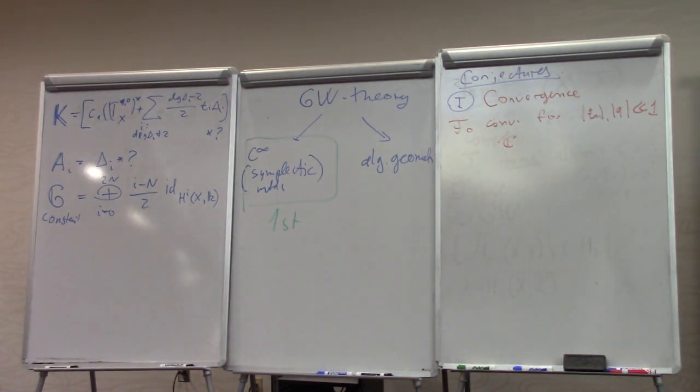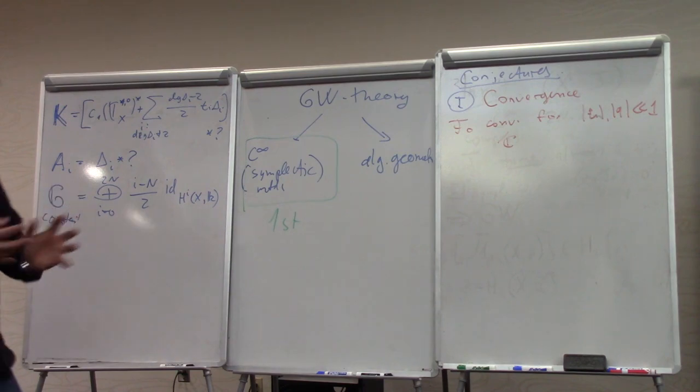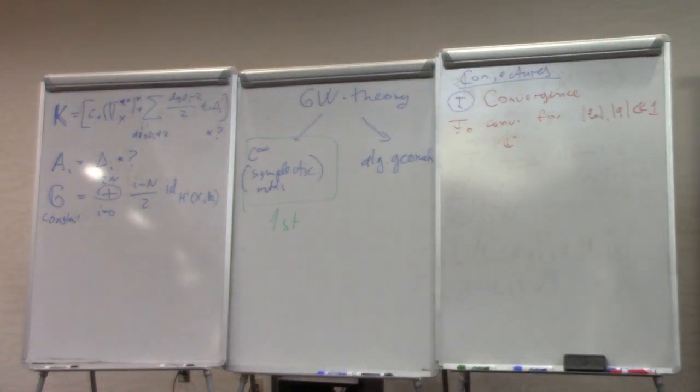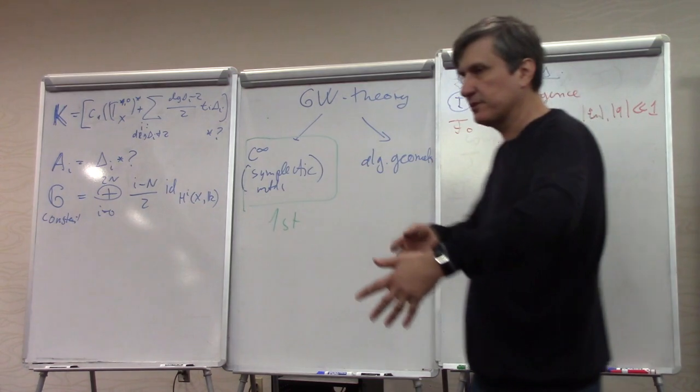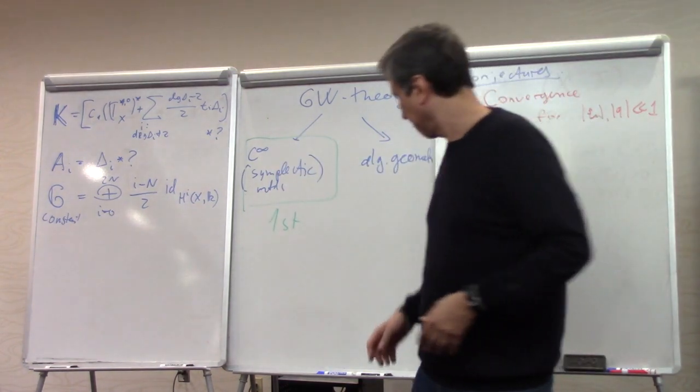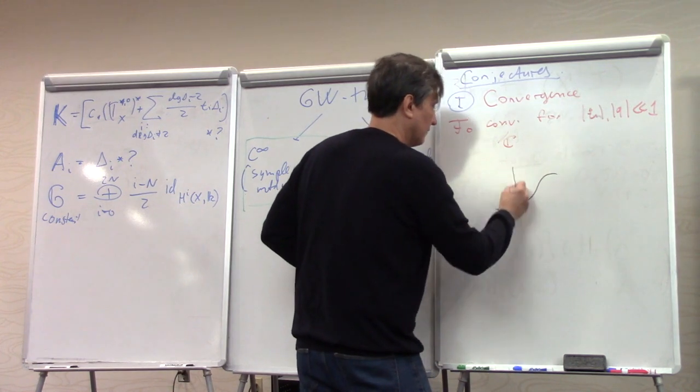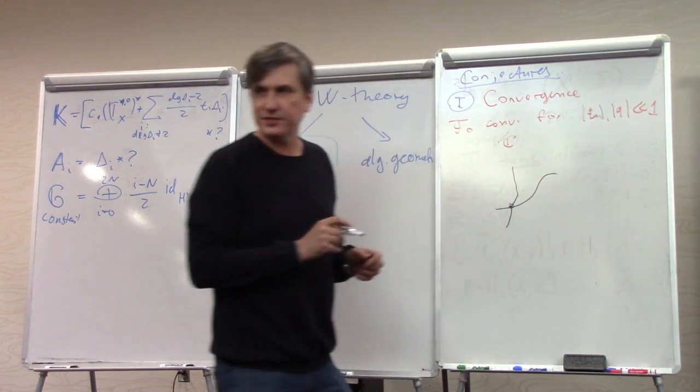The idea is the following: the Gromov-Witten invariants come from a kind of perfect obstruction theory. So locally it looks like the intersection of two infinite-dimensional submanifolds in another infinite-dimensional manifold. So you get an intersection, and we count the intersection numbers.